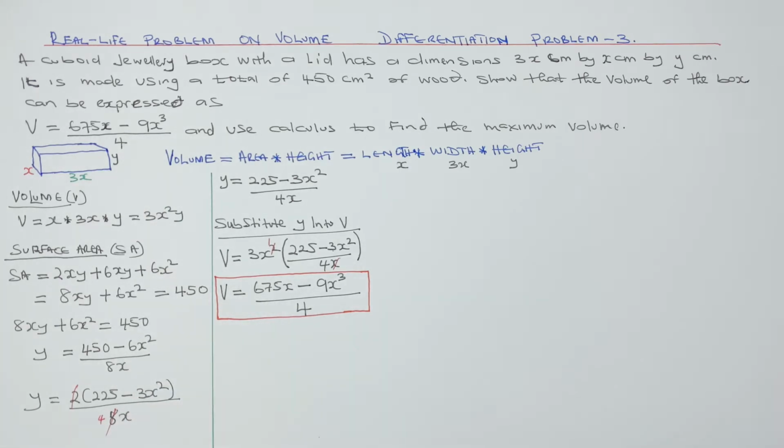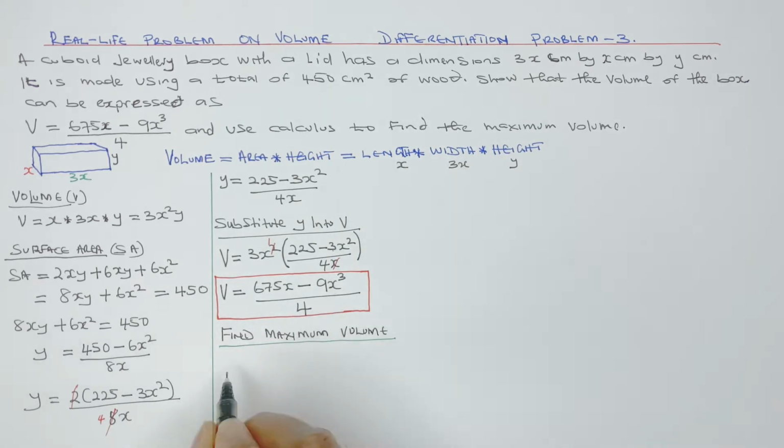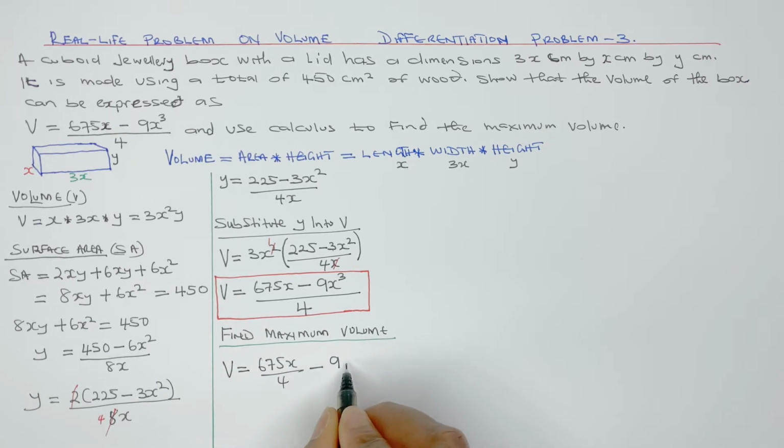The next part of the calculation is to find a maximum volume. We have an expression for volume, and I'm going to write this expression as V equals 675x over 4 minus 9 over 4 x cubed. Now, this expression is written in the form of V equals x to the power of n.